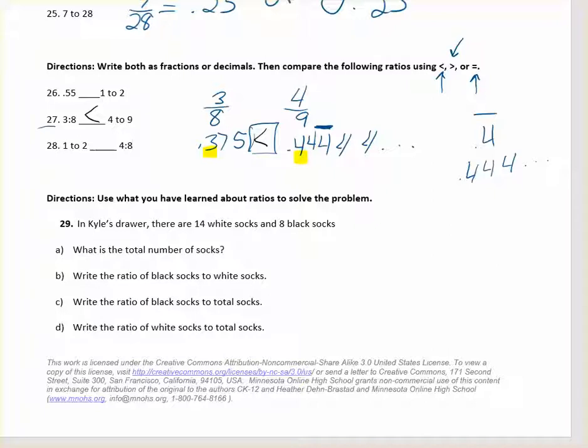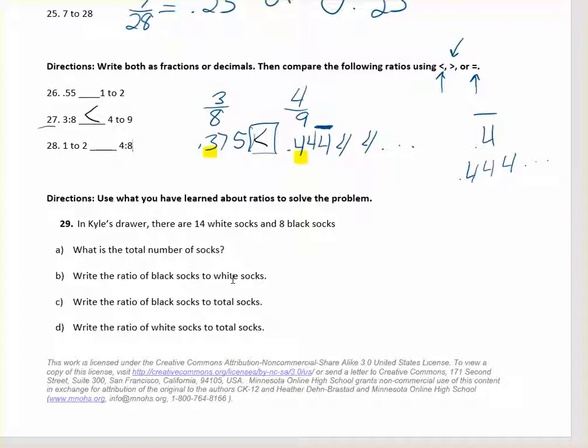All right, then there's just one more kind of application problem at the end. It says, in Kyle's drawer there are 14 white socks and 8 black socks. First of all, figure out the total number of socks, and then you're going to read each of these situations and write the ratio as they say. So if they say black socks to white socks, you have to put the number of black socks first and then white socks.